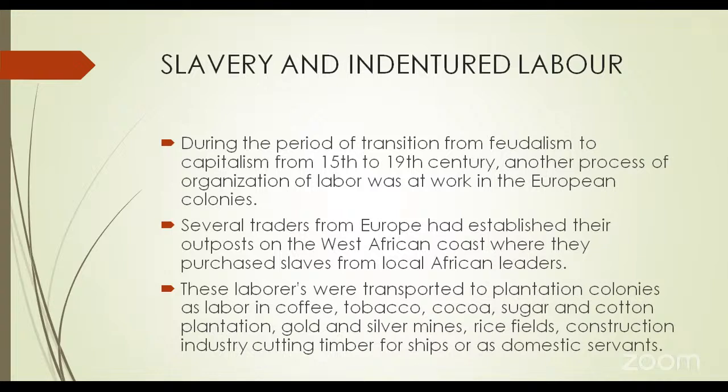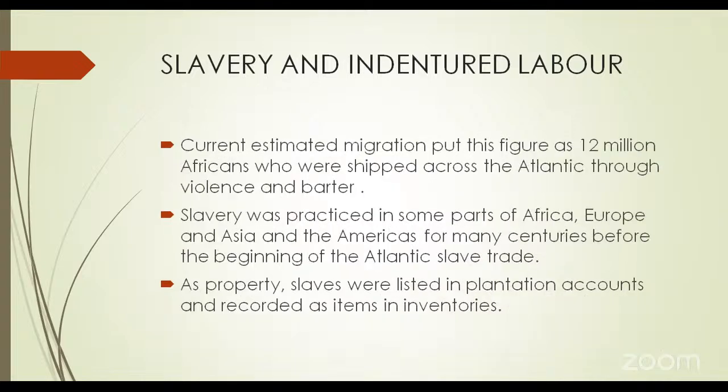Because somewhere down the line, human beings have remained the same, with different processes, more refined, more efficient, but a lot of human beings have remained the same. Migration puts this figure at about 12 million Africans who were shipped across the Atlantic through violence and barter.